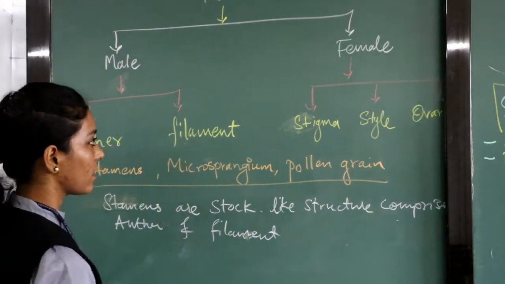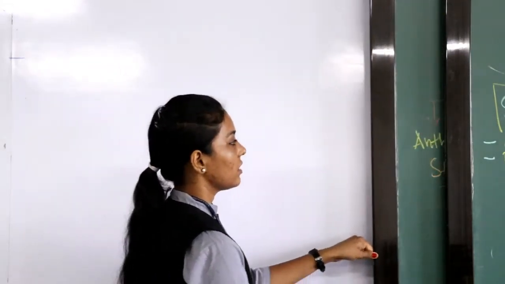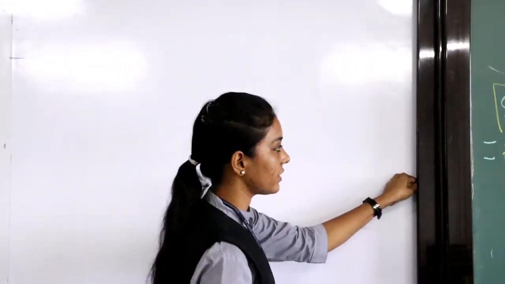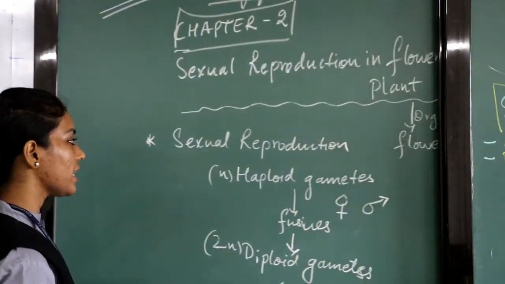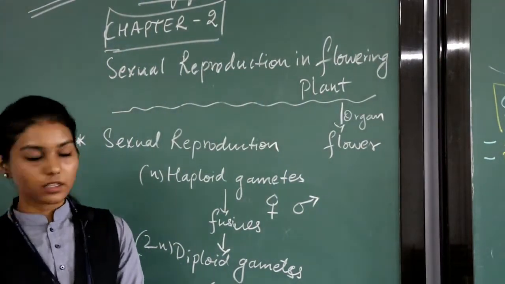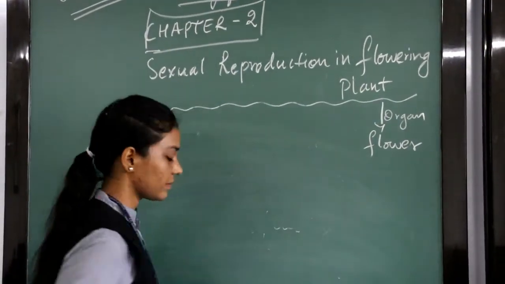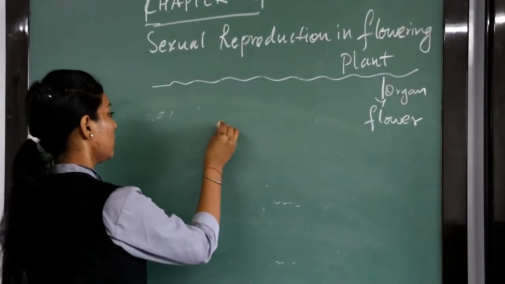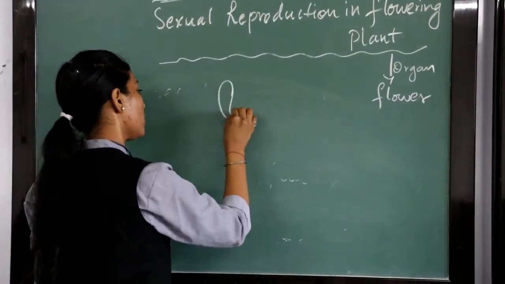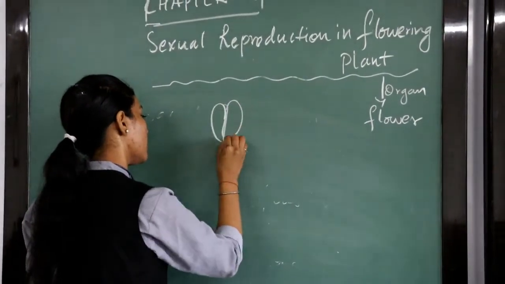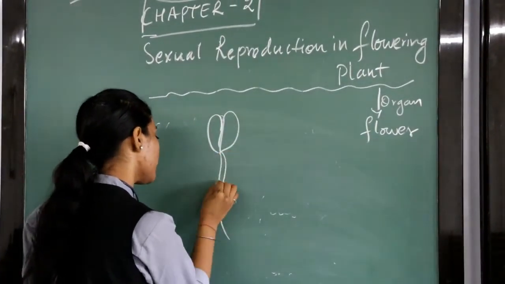Next we'll see the structure of anther. We are going to see each in detail. Anther somewhat looks like this. This particular diagram is given in your book.